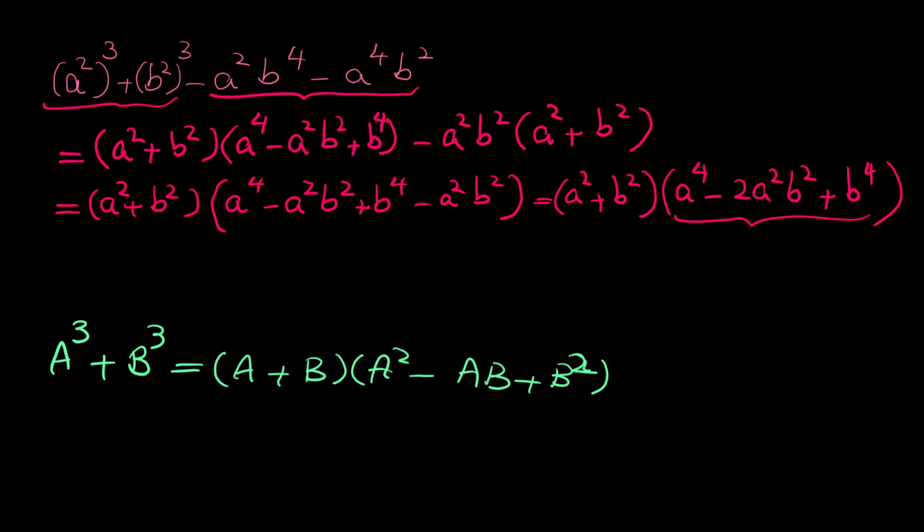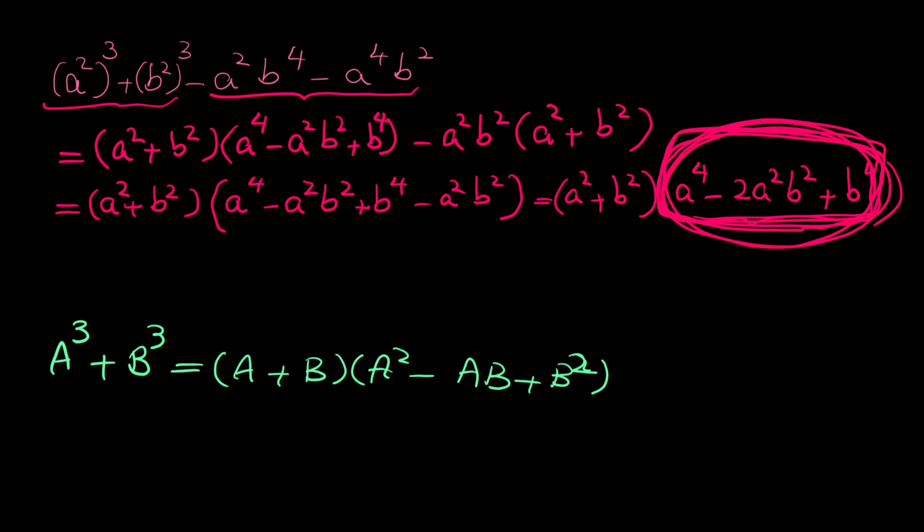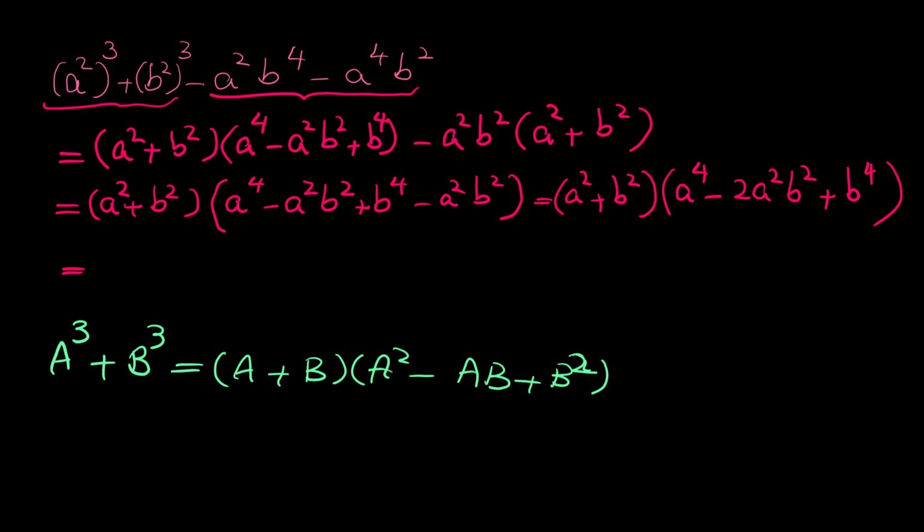Now look at this bracket. This is a perfect square. If you are familiar with the perfect square identity, you can figure out that this is a perfect square. This second method is a little more advanced compared to the previous method. You need to know many different identities, but it's good to learn this.